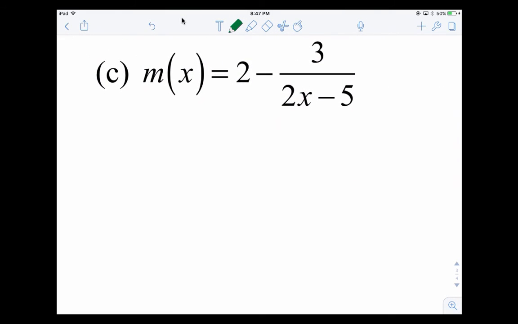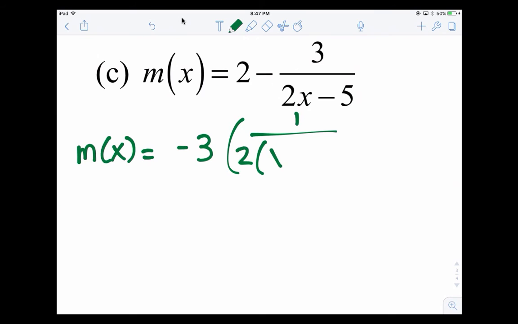Alright, so for letter C, this is a rational function now. So if I put it in order, I have now negative 3 parentheses 1 divided by 2 parentheses x minus 5 over 2 plus 2. Right?